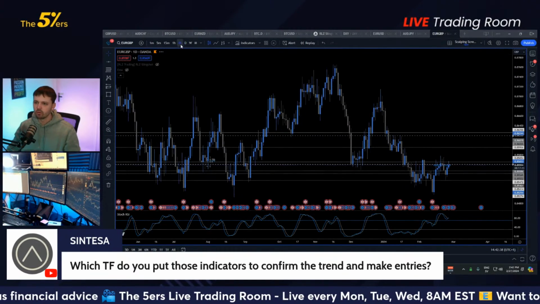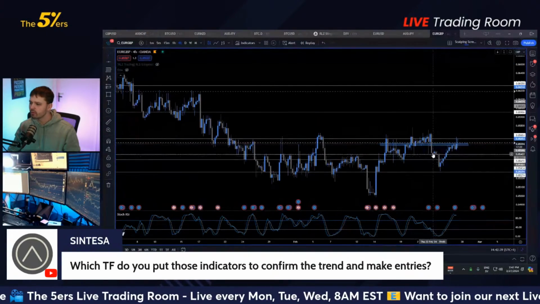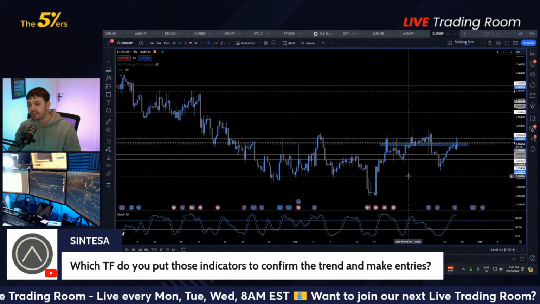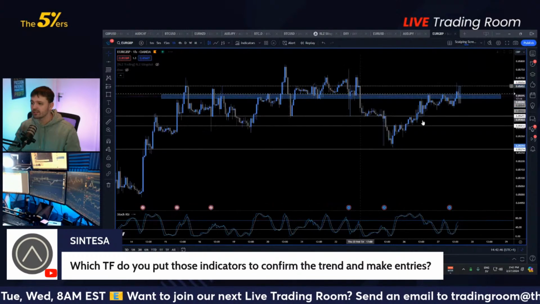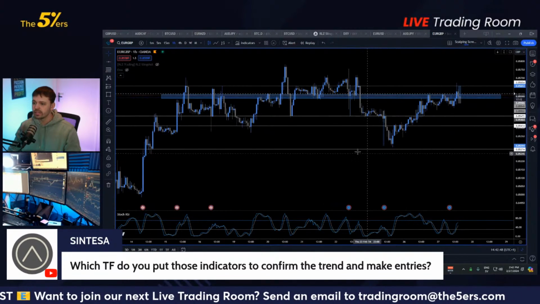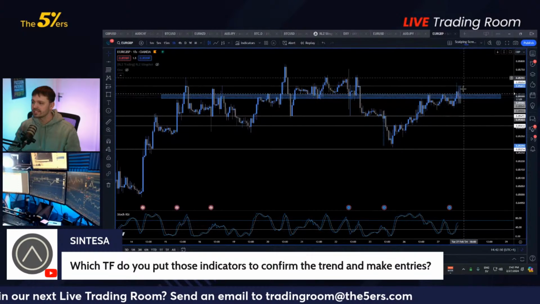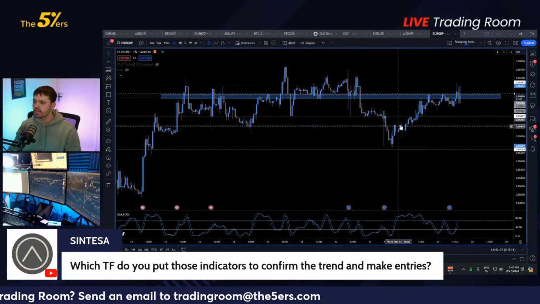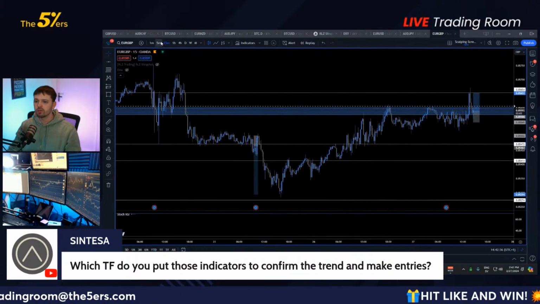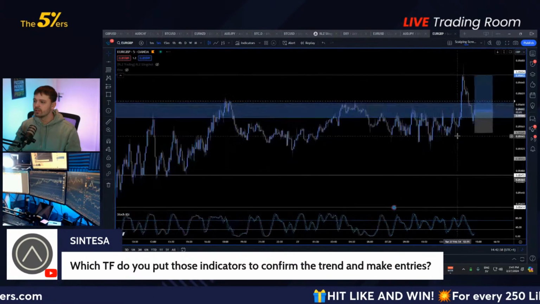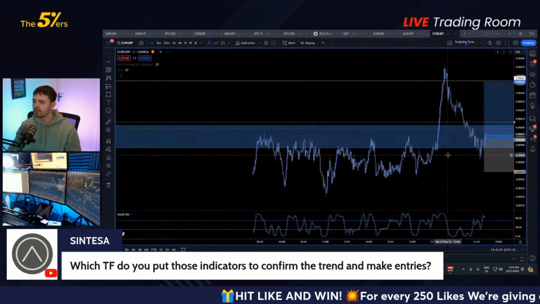That's a good thing. What about the 4 hour? The 4 hour, I would say, is also neutral. I think we're in a range here. The 1 hour is actually slightly showing us a local uptrend with a breakout. The 15 minute is bullish, the 5 minute somewhat bullish, and the 1 minute, well, I got that breakout.